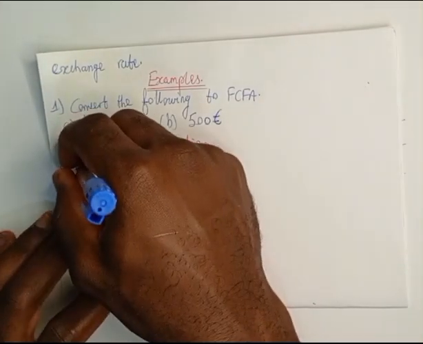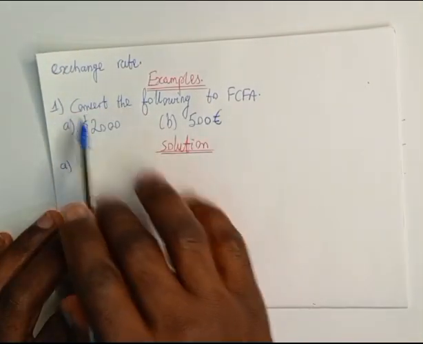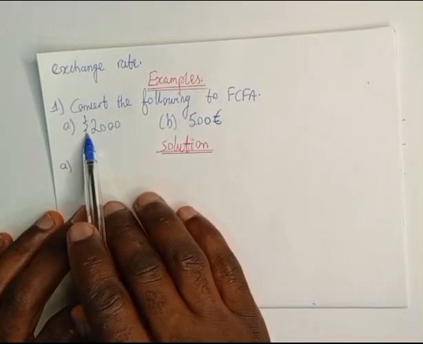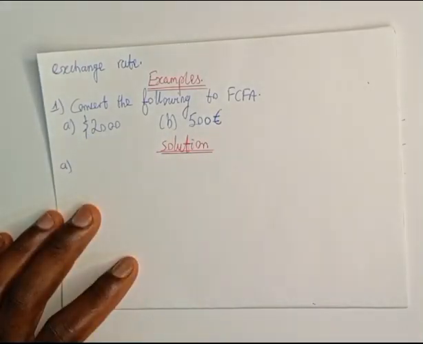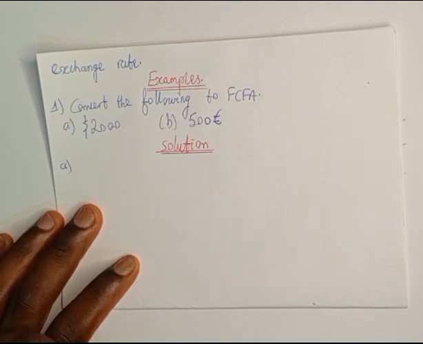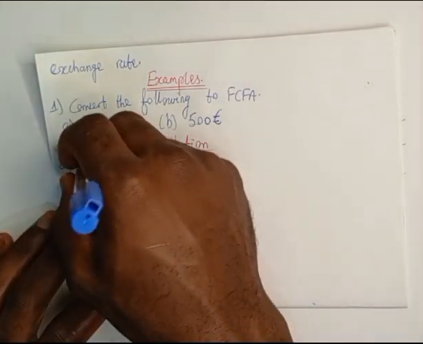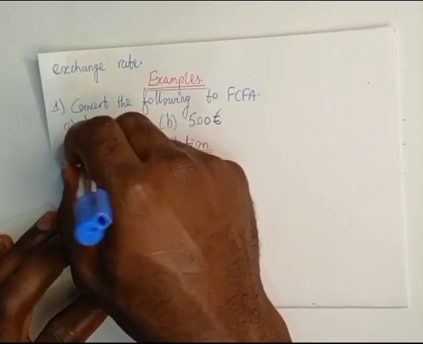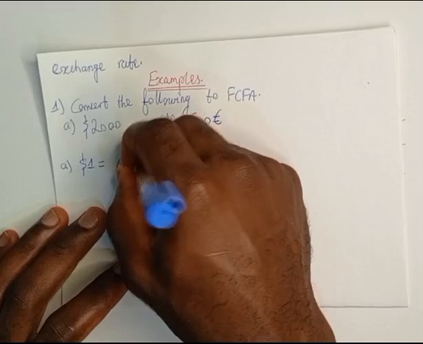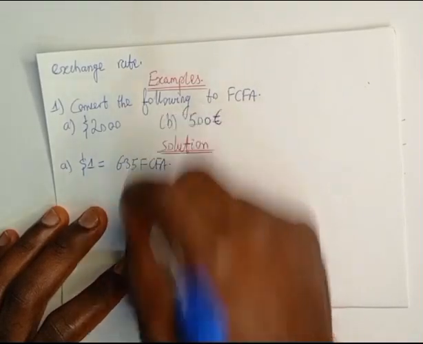For A, first we know convert the following to francs CFA. If you compare francs CFA to the dollar, you'll see francs CFA is a lower currency to the dollar. First, we know $1 is equal to approximately 635 francs CFA.